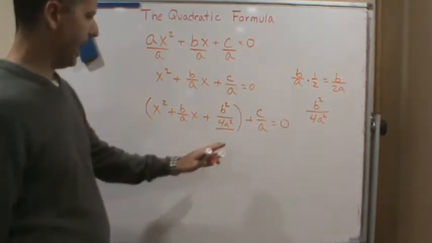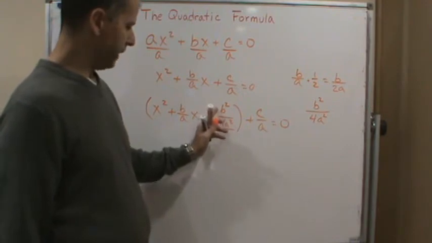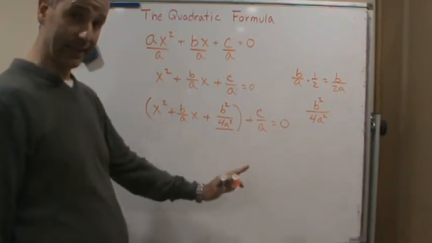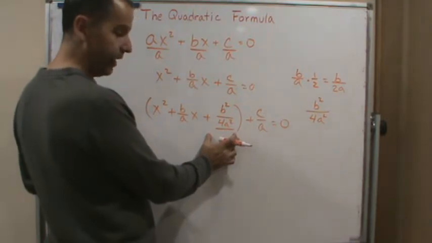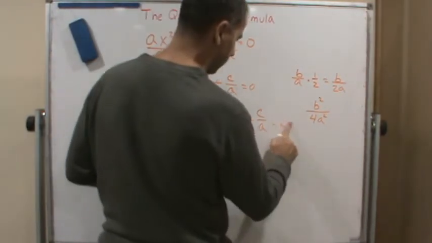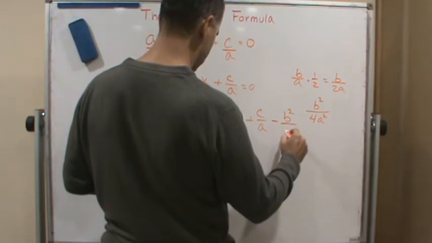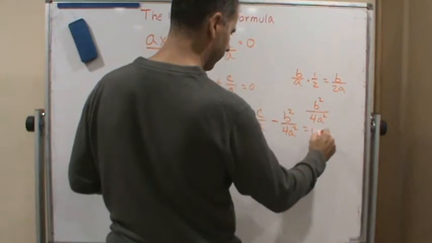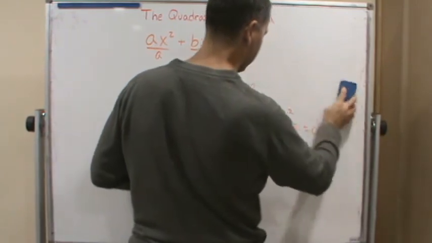Since I have to add b squared over 4a squared in order to get the perfect square, I also have to subtract it on the same side, because the net effect has to be 0. So if I add an amount, I have to then subtract the amount at the same time. So I'm going to subtract b squared over 4a squared equals 0.